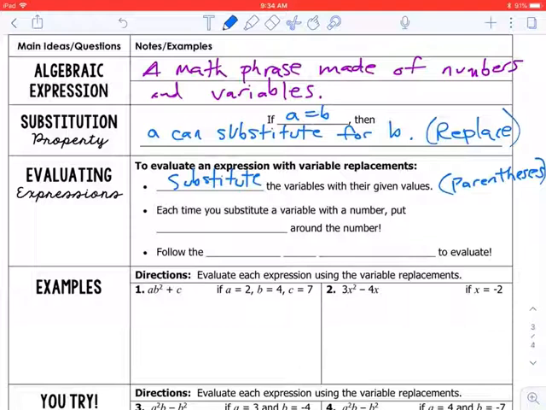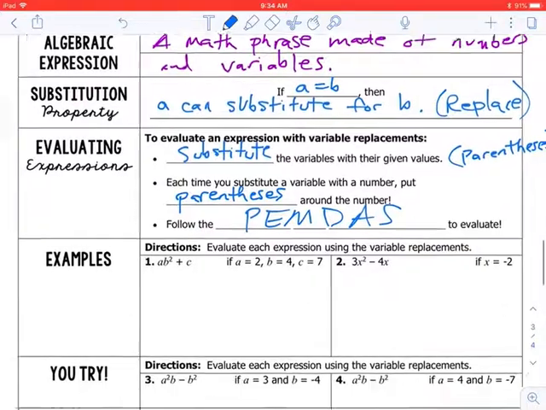Each time you substitute a variable with a number, put parentheses around it. And then follow the order of operations, okay? I'm just going to write PEMDAS. Follow the PEMDAS to evaluate.